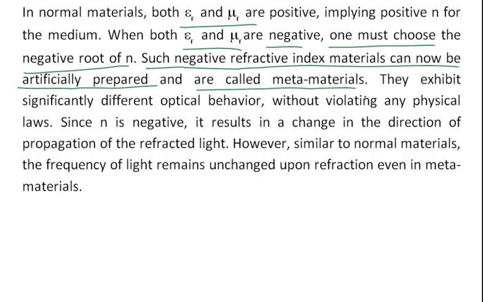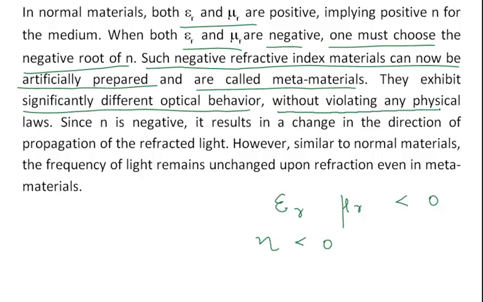So metamaterials have their epsilon r and mu r values less than 0. They are negative. So in that case their refractive index would also be negative. They exhibit significantly different optical behavior without violating any physical laws.